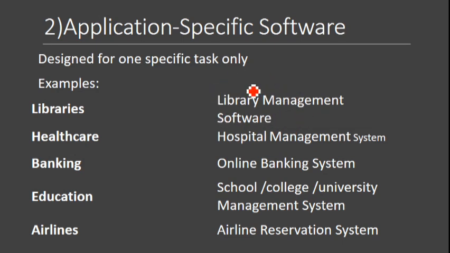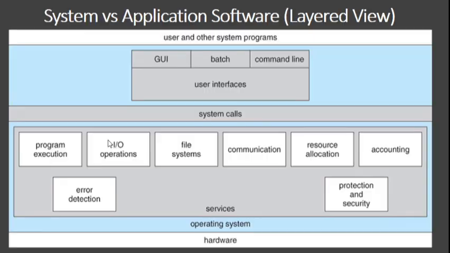It gives complete information about only libraries. Similarly, healthcare application specific software is used for hospital management systems. Banking application specific software is for online banking, and there are also educational and airline ones. These are specific applications used for a specific task only.